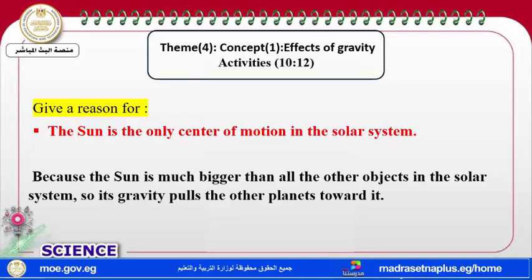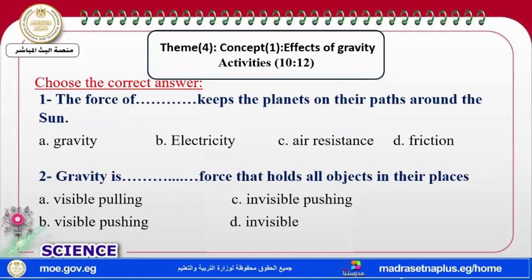Because the sun is much bigger than other objects in the solar system, its gravity pulls the other planets toward it. Okay, now, my dear students, let's check your understanding with these questions.